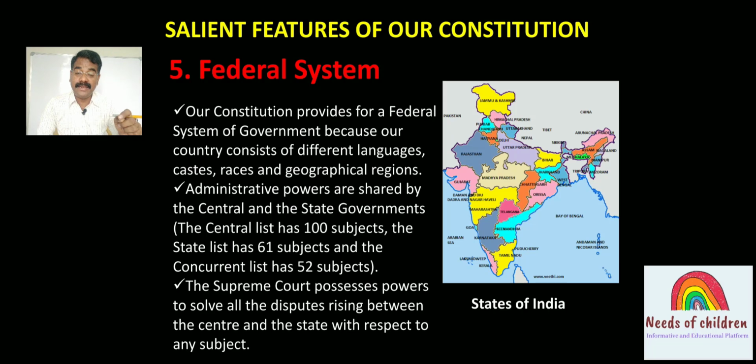Wherever the rail travels, that is under the control of the central government. Such kinds of subjects we call as, or they come under, the central list. State subjects, for example, Karnataka State Police, are under the control of the Karnataka government.